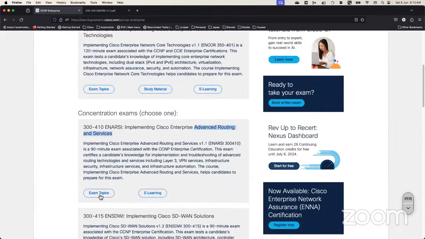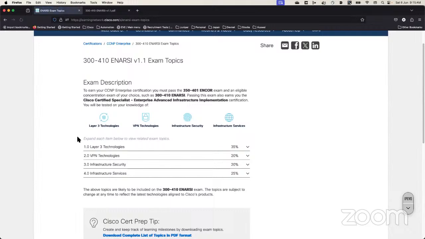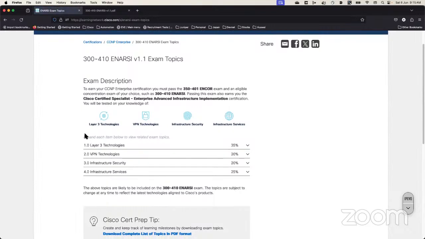From here, if I go to exam topics, as you can see, on a high level, the entire curriculum for NRC has been divided into four different modules. Layer 3 technologies is your first module, then VPN technologies, and apart from this, infrastructure security and infrastructure services.